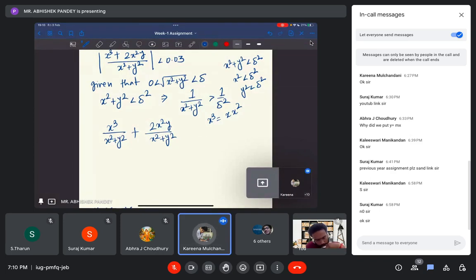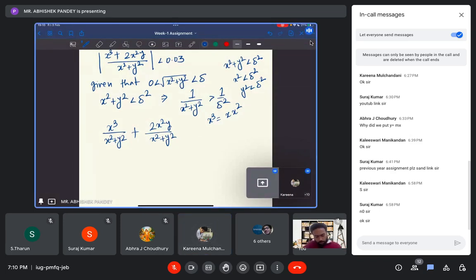No, no, actually, what we have to do is somehow make this thing into this format. Okay, and since this is less than 0.03, what would be the range of delta so that this will be satisfied? That we need to find out. Okay, that way is also correct.